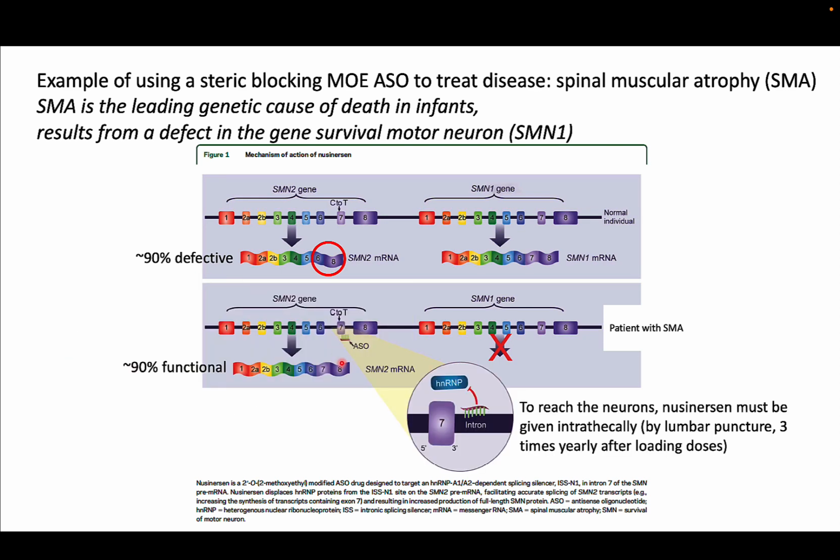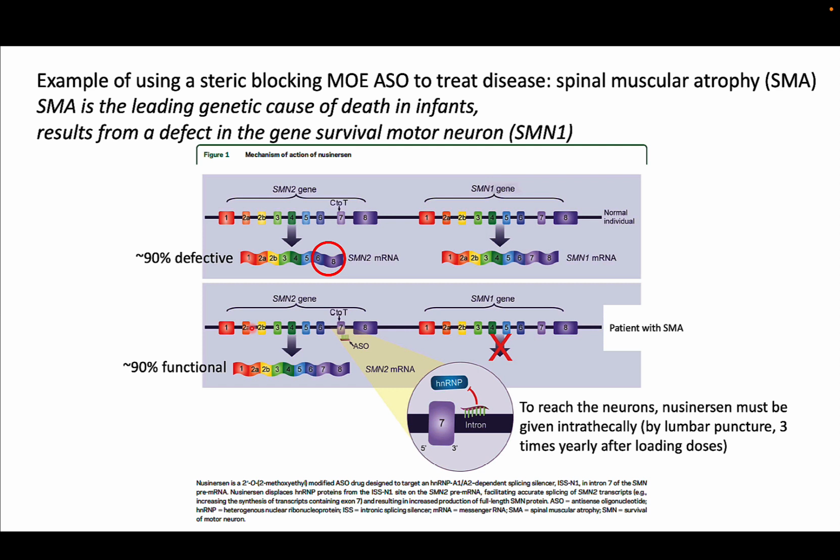However, using a steric blocking ASO designed to bind to the site where that inhibitory protein binds, you can prevent that suppression of exon 7 splicing and have it included in 90% of the mature RNA, thus restoring production of functional SMN protein.